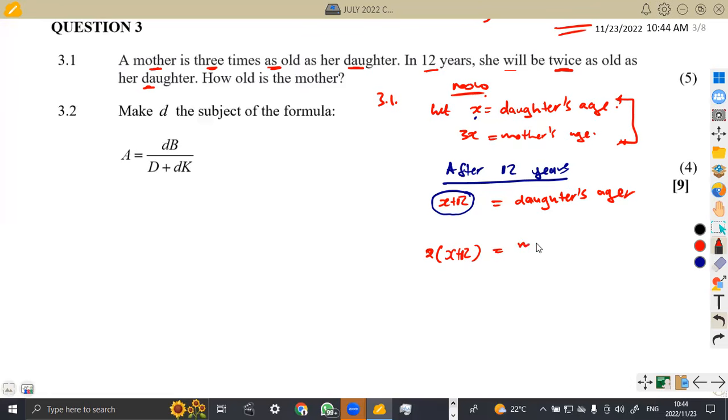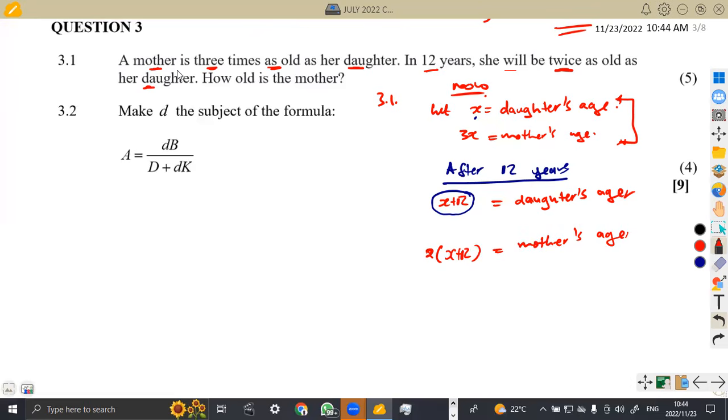So this is going to be the mother's age after 12 years. From the given expression that we have, we can actually understand this part, let us consider the conditions that we have from the mother and also from the daughter in this condition.